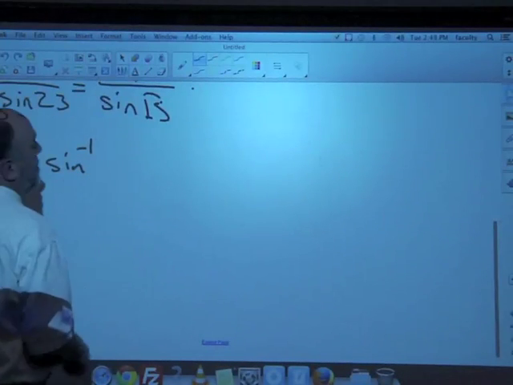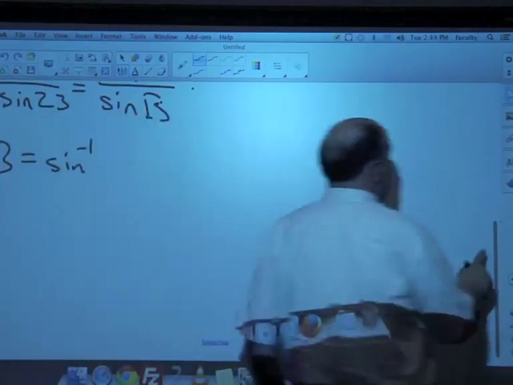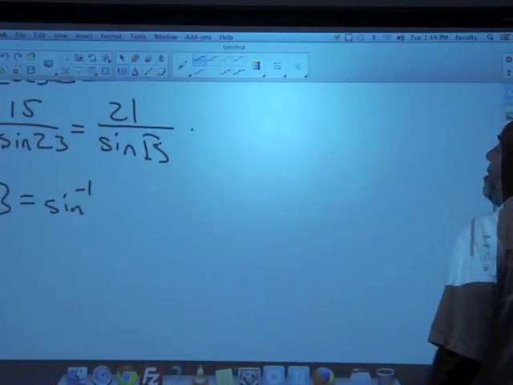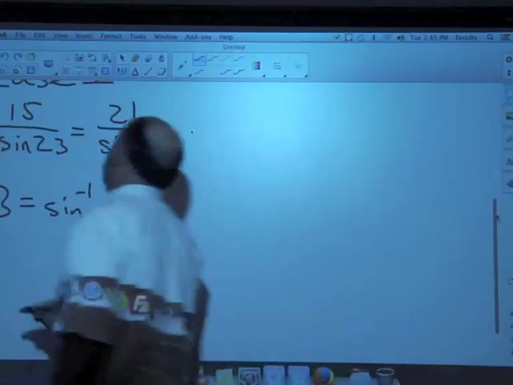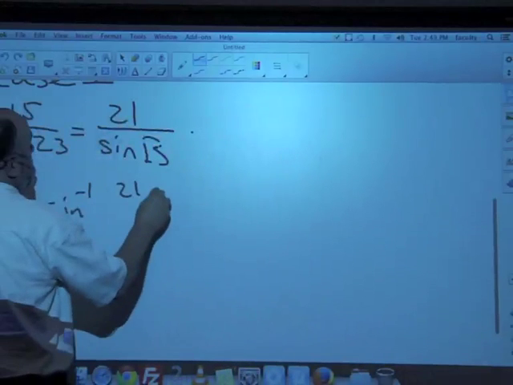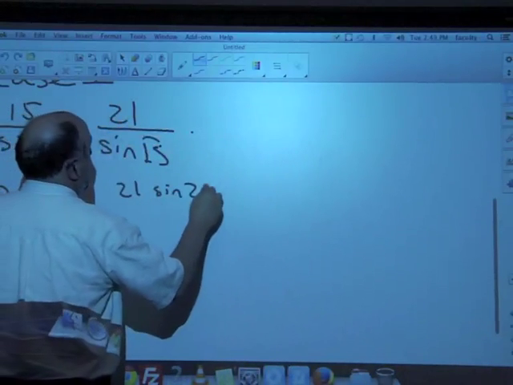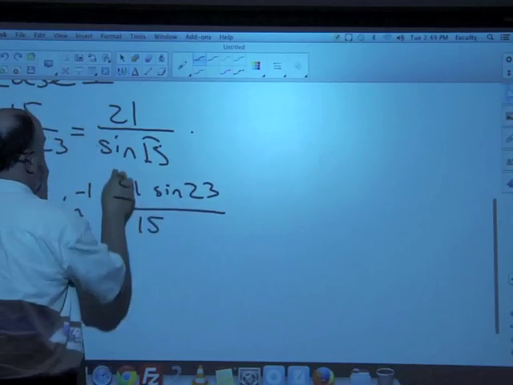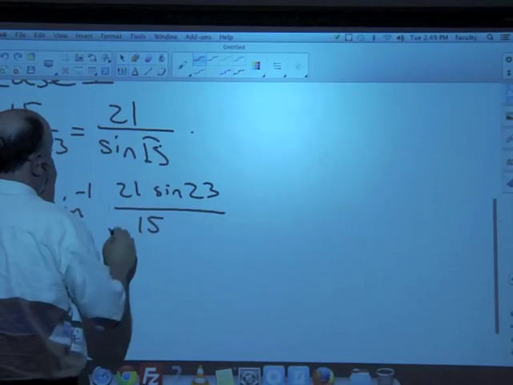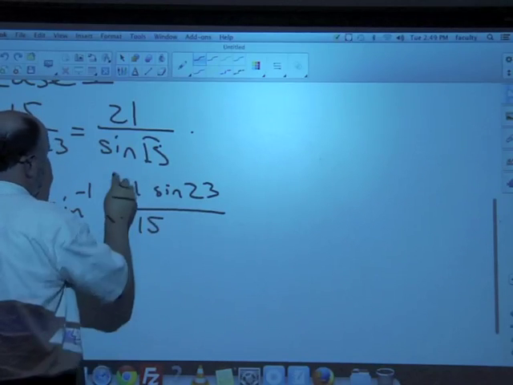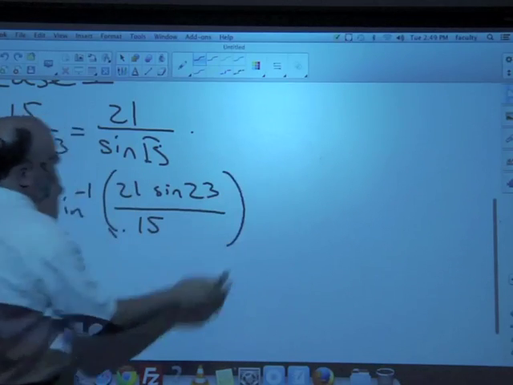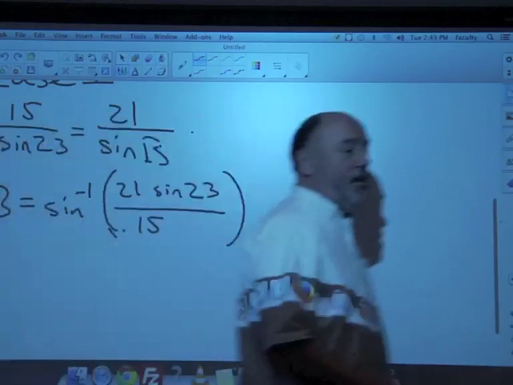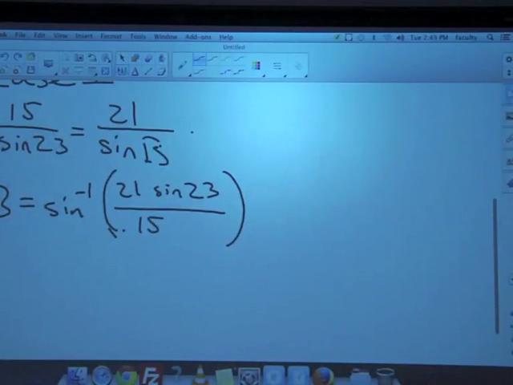Can you go back up? 21 sine 23 over 15. So you plug that into the calculator.